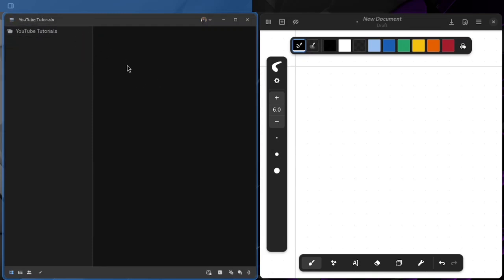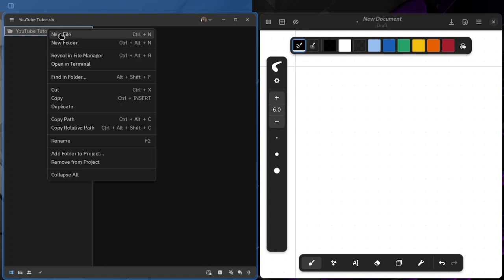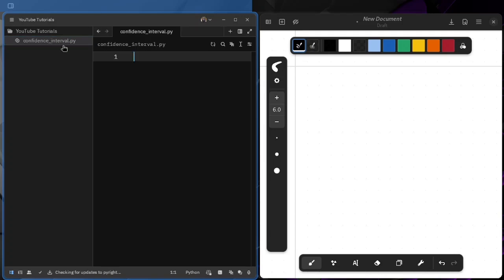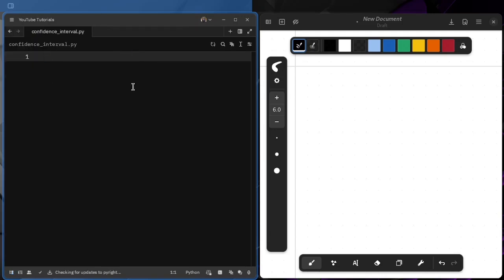So you can open your code editor and you can start coding. So let's create a new file, confidence.py.